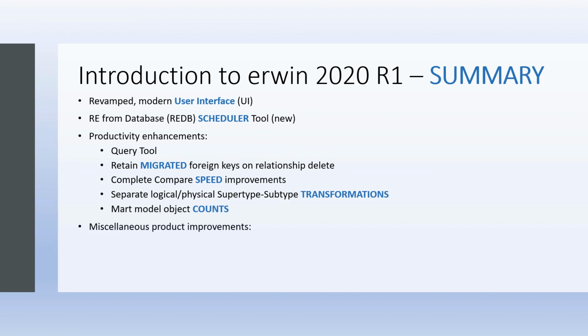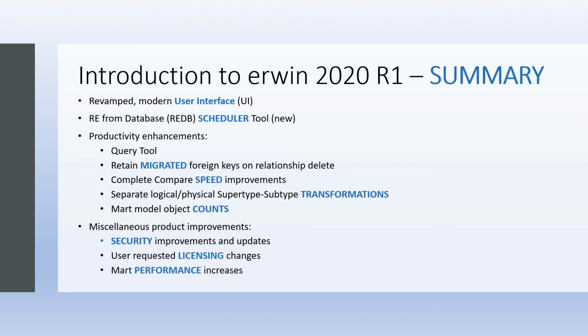Some of the miscellaneous product improvements are security improvements and updates, user-requested licensing changes, Mart performance increases, and upgraded database currency.